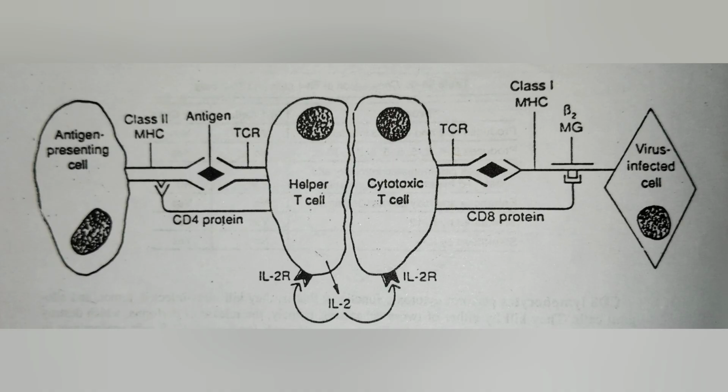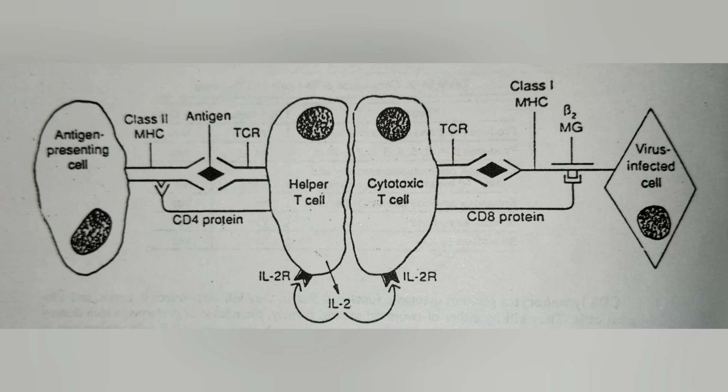So the macrophage, which is also called the antigen presenting cell, will take that antigen in association with the MHC protein on its surface and move towards the helper T cells, which are also called CD4 positive T cells.